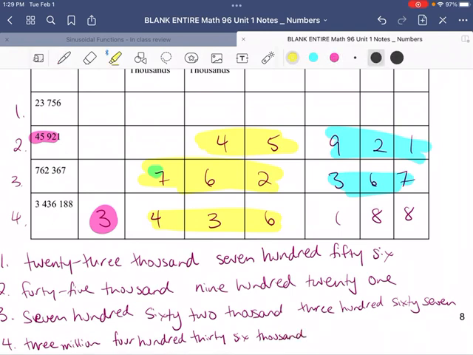And then finally, we do the stuff in the ones column. And that number, 188, we can just say is one hundred eighty-eight. 3,436,188.